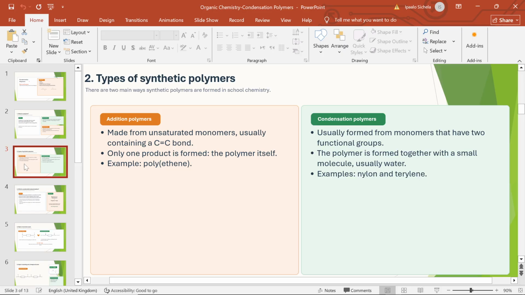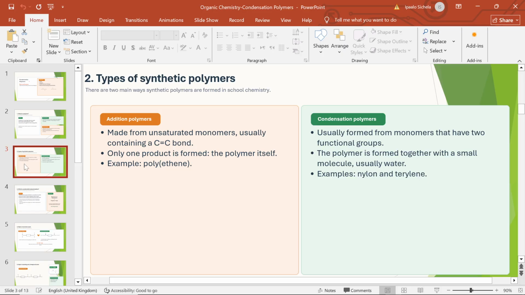So ethene has a double bond between the carbon atoms, so it is an unsaturated monomer. When you add ethene plus ethene, the same type of monomer, you get polyethylene only. For addition polymers, only one product is formed, which is the polymer itself.